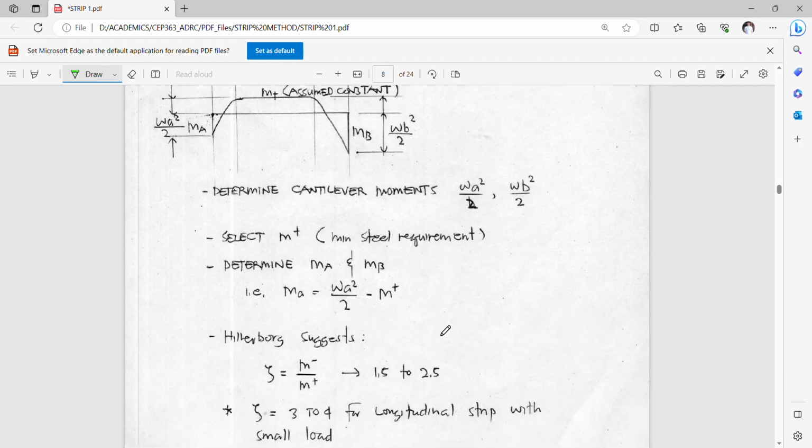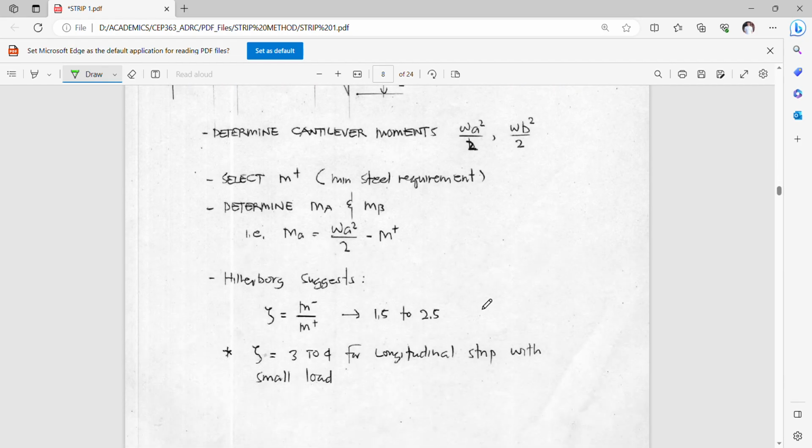Okay, so the procedure is enumerated here. We simply select an M positive. Normally, the criteria is based on the minimum steel requirement in the positive direction. Okay? For slab panels, it is safe to assume always that your negative moment is more critical than your positive.